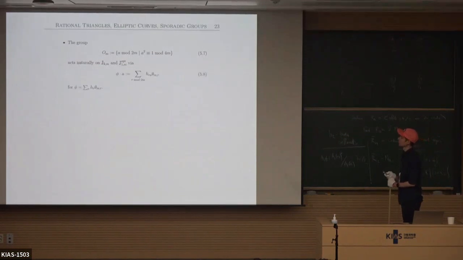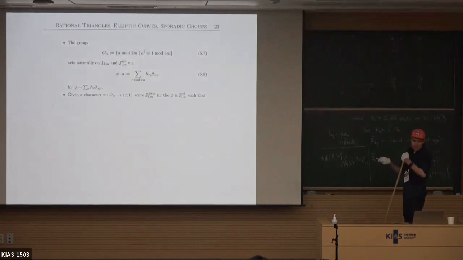And this group, by construction, because we used these theta series to define Jacobi forms, acts in a very natural way just by permuting the theta coefficients around. So it acts on the space of Jacobi forms, so you can cut your space up according to characters of this group.